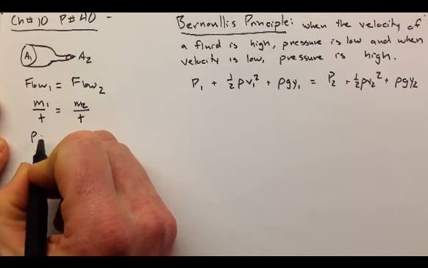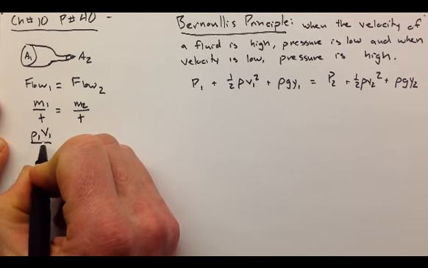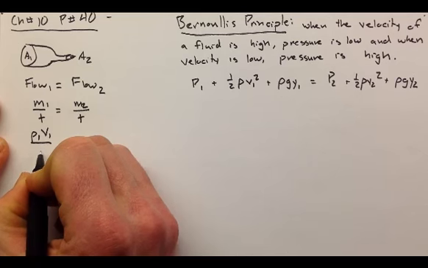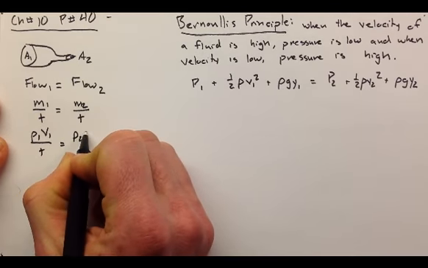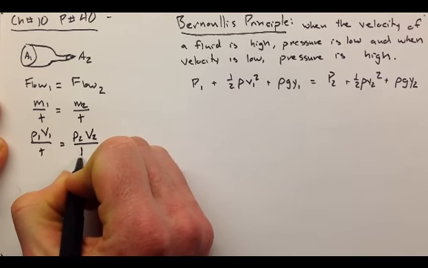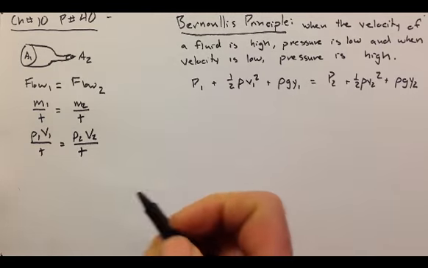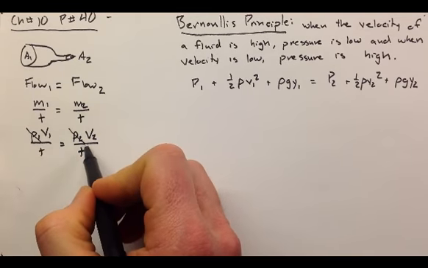Now, we know that mass is density times volume. And we know that over here as well. And if you're dealing with water, which is an incompressible fluid, really the density is not going to change.